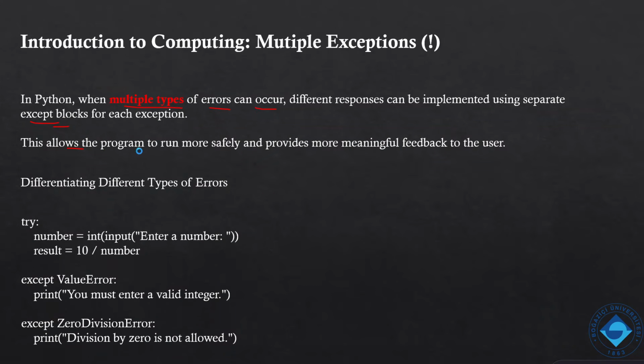This allows the program to run more safely and provides more meaningful feedback to the user, differentiating different types of errors. As you can see, we have one try block and two different except blocks, right? The first one is for value error and the second one for zero division error.